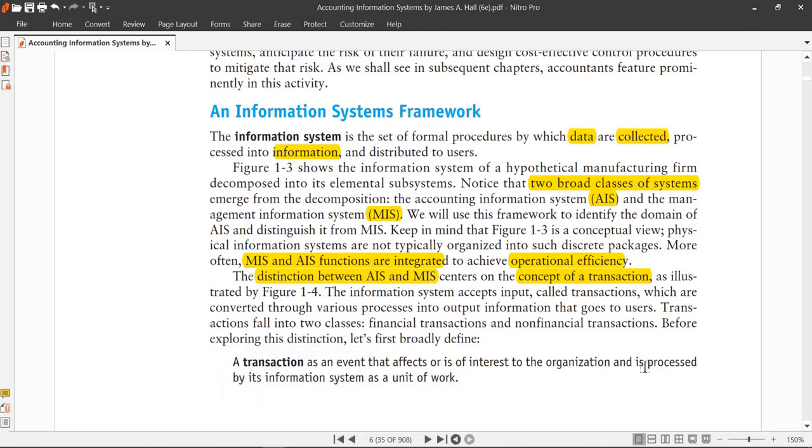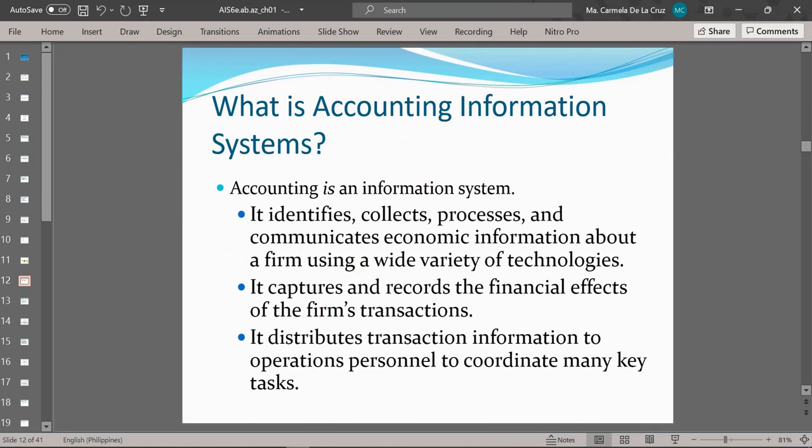If you will notice, we discussed what is a system, then in part 4, we discussed what is an information system, and then on this slide, it now says that accounting is an information system.